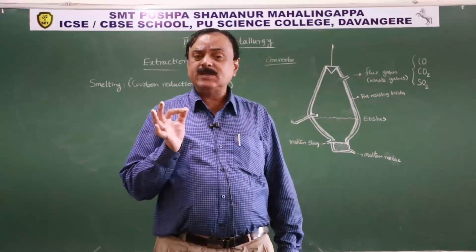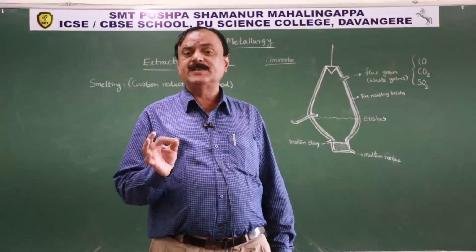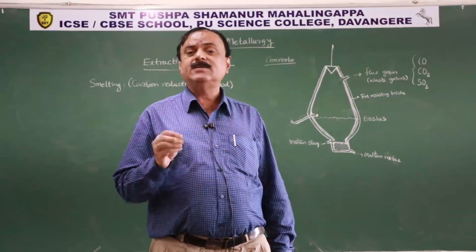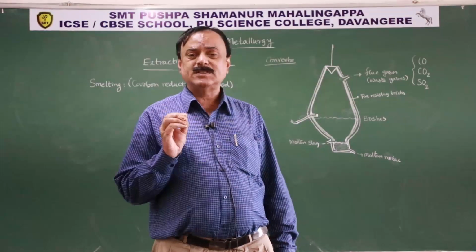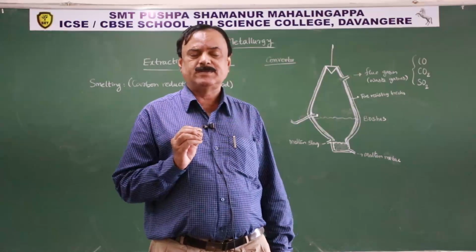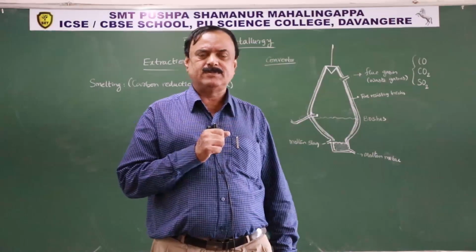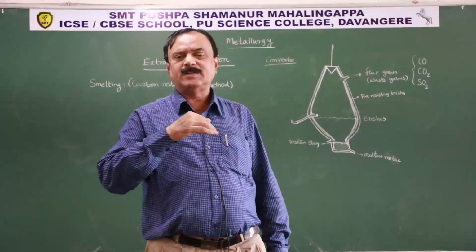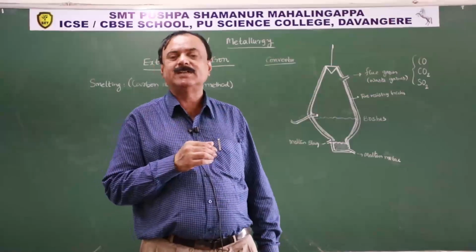Because the chemical reactions that occur in the furnace are at around 2070 Kelvin temperature. That is a very high temperature, more than 1500, 1600, 1700 degrees Celsius.